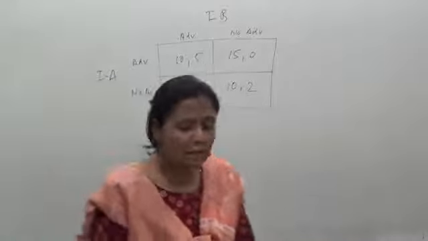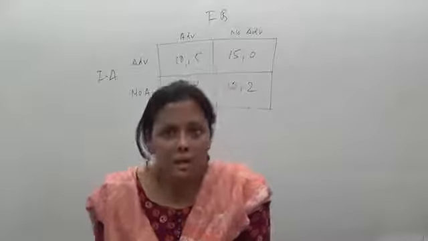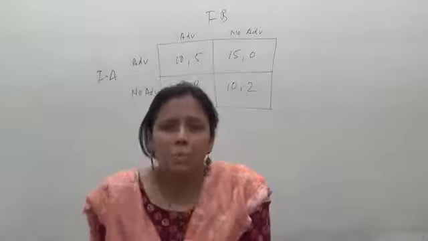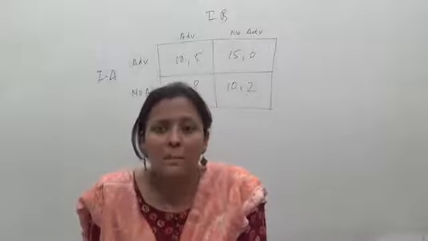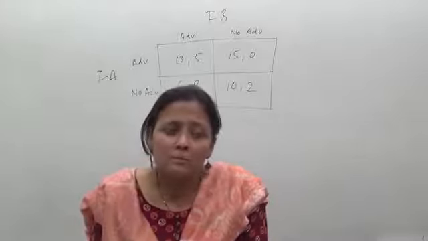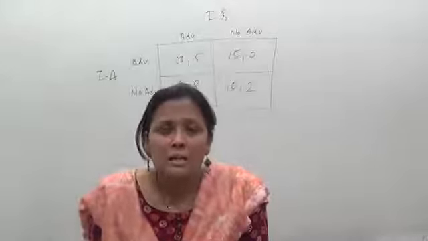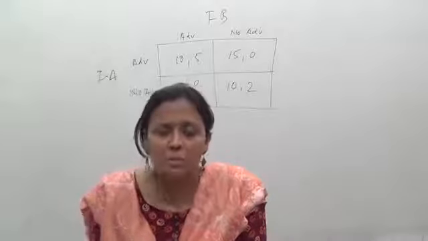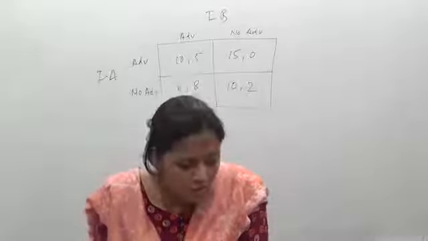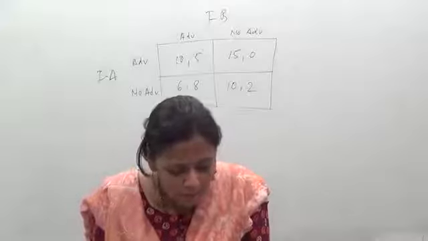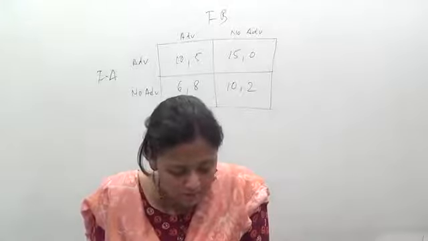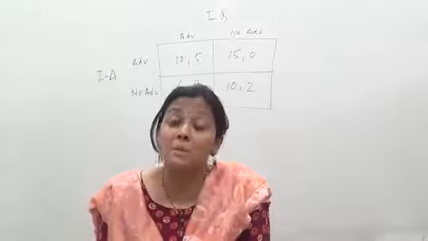Now there are two most important ways by which solutions are made in game theory. One is called the dominant strategy and the other one is called the Nash equilibrium strategy. In the dominant strategy, the outcome of a game is one in which the firm is doing the best it can regardless of what its competitors are doing.